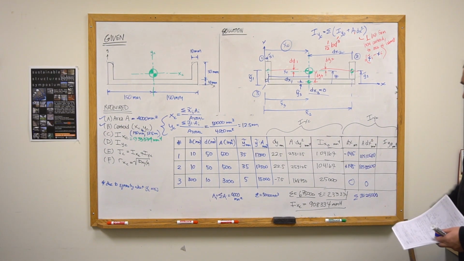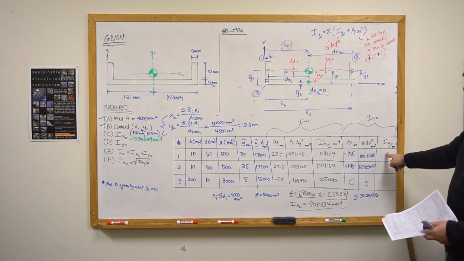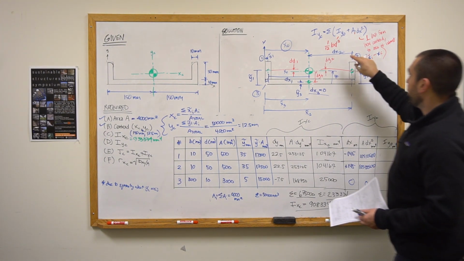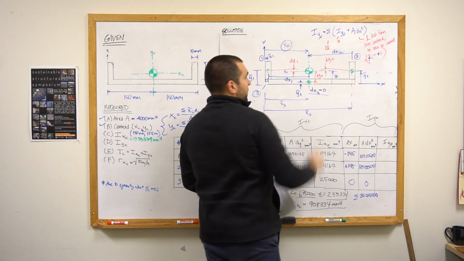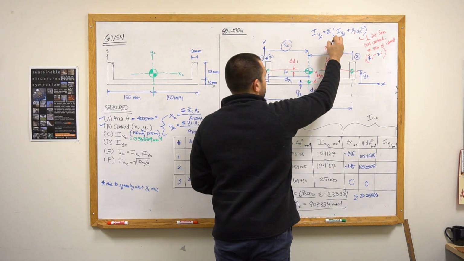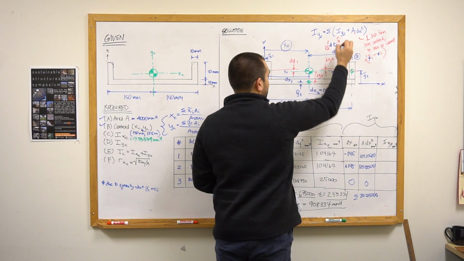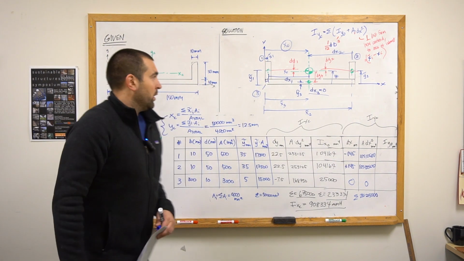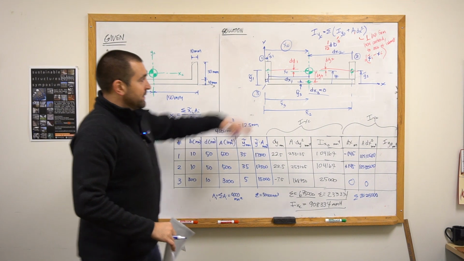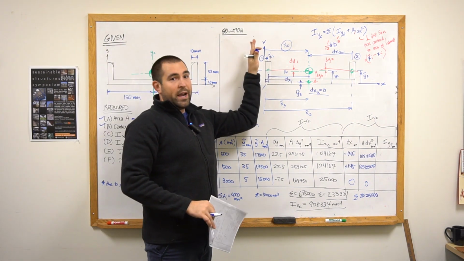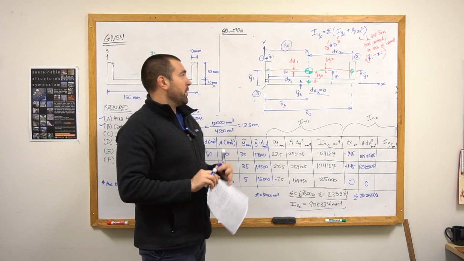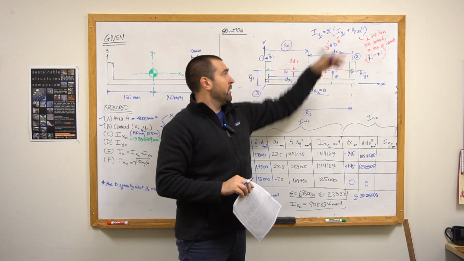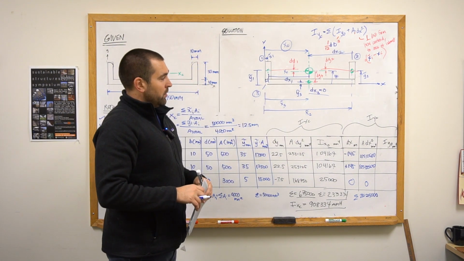Summing up the A dx squared terms here, and then I y naught, this is where we need to make another change up here. Instead of the b times d cubed, it's going to be d times b cubed. That's simply because we're looking at a different axis. Instead of the x-axis, we're now looking at the y-axis. So we're simply flipping the width and the depth terms when we're calculating the moment of inertia about the local centroid.